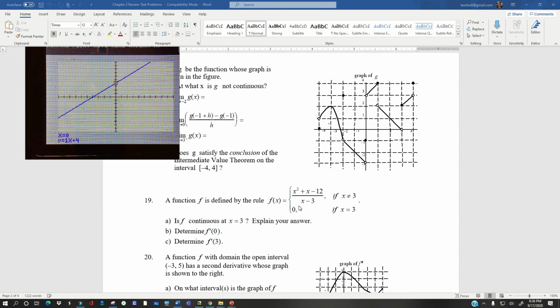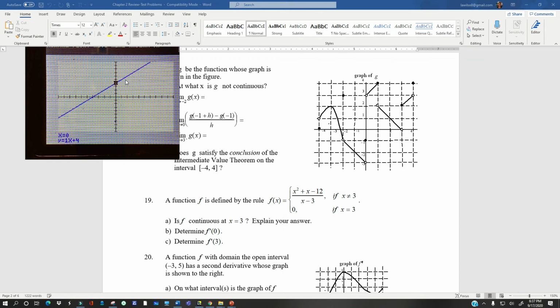In part C, they want the derivative at x equals 3. Well, the derivative at x equals 3 is not going to exist. Why? Because we have a problem at 3. When x equals 3, y equals 0, and it's not true that y is 4 here, right?